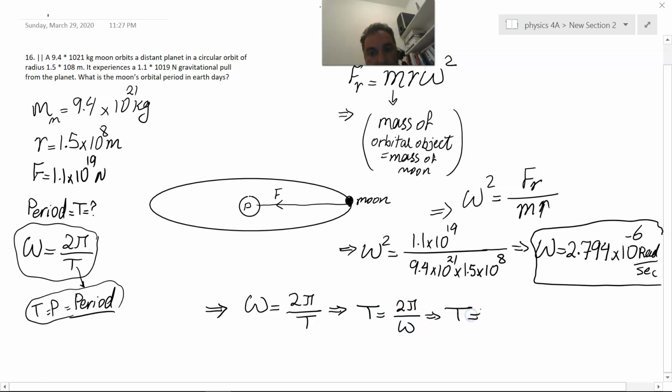Therefore, T will be, if I do that number divided by 2 divided by pi, then if I inverse that number, reverse it, the period becomes this: 2,249,537, let's say, seconds.